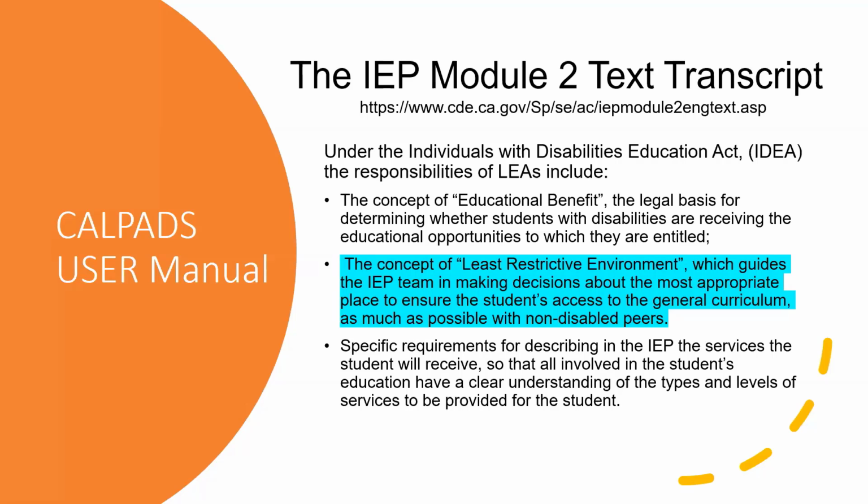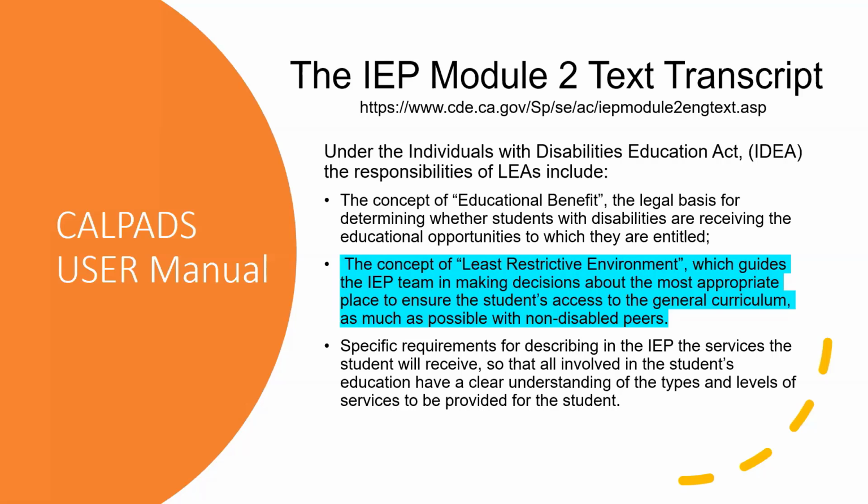There are several modules that help describe IEP requirements. There are videos, and then there's the associated transcript. So here's a transcript for the IEP module 2, and what it's describing are the responsibilities of the LEAs under the Individuals with Disabilities Education Act.